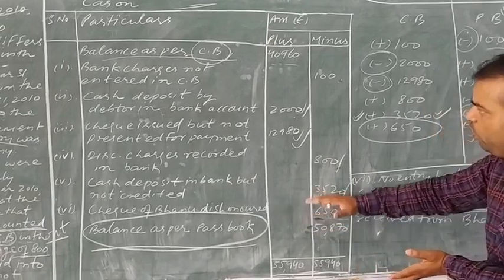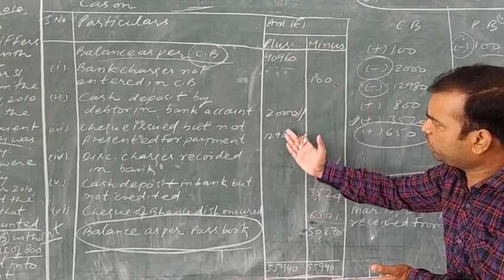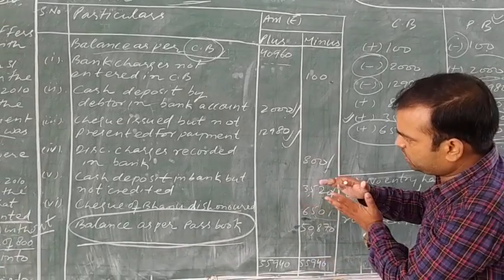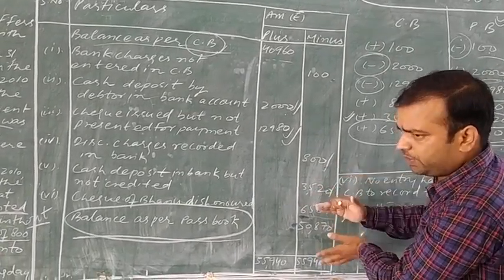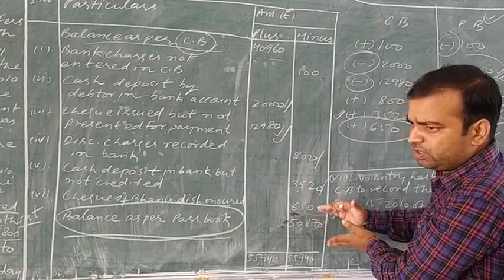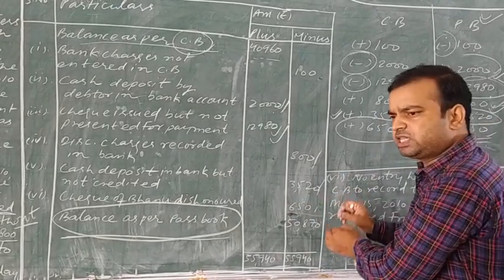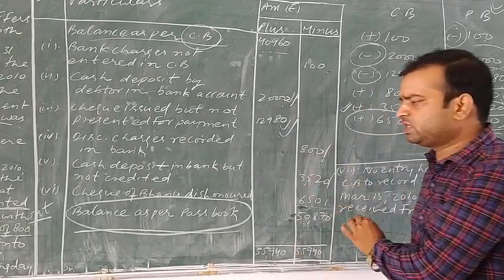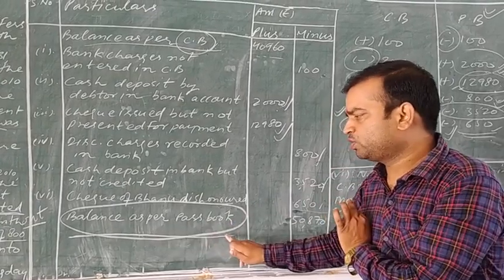Okay, so I subtracted the plus side total and minus side total. After subtracting, I got the answer 50,870, which was lesser on the minus side, and that's why I have posted the answer on the minus side, which is the balance as per pass book.